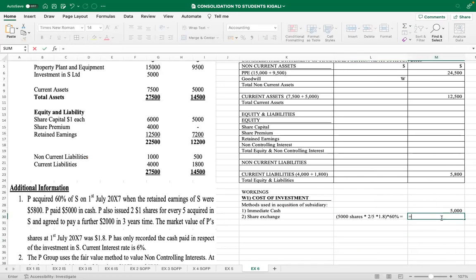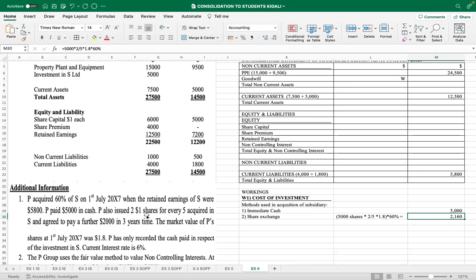So 5,000 times 2 divided by 5 times 1.8, the market price, times 60%, gives the value of shares acquired. So share exchange gives you a value of 2,160.